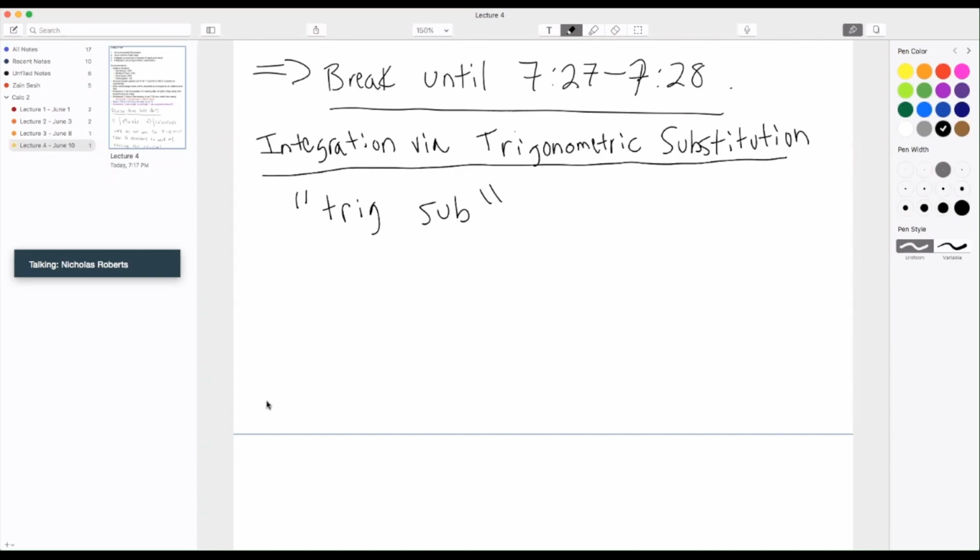All right. Okay, so what do we use trig sub for? The general theme of the first half of Calculus 2 is that we want to enlarge our toolbox of how to integrate functions. Now we can integrate powers of cosine and sine, tangent and secant.